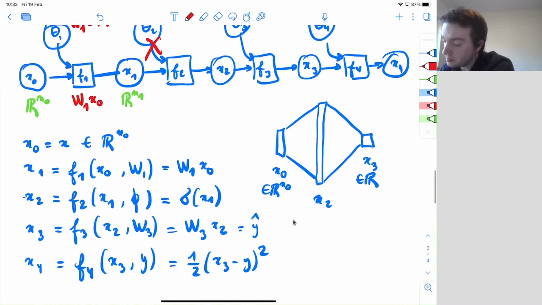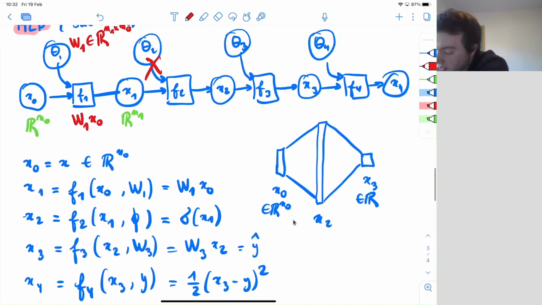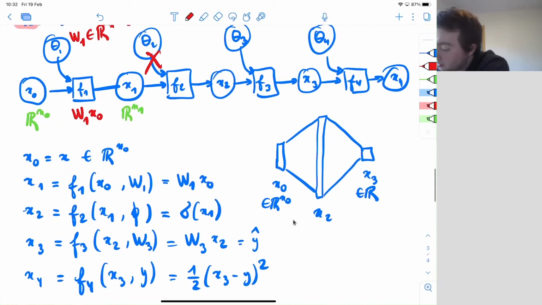Right. So f2 would be the sigmoid activation that produces another quantity. It would nominally be a vector of size n2, but in this case it would be a vector of size n1, because you don't modify the dimension when you pass a vector to the activation function.